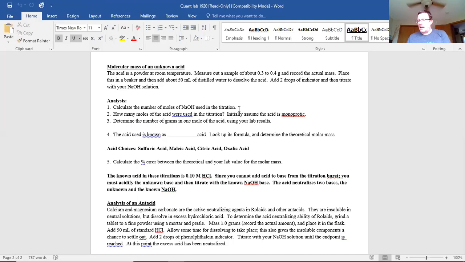You know the molarity of the base, and you know the volume of the base from start to end. So the difference, it's about 26 milliliters. So if you have volume and you have molarity, you can find the moles.